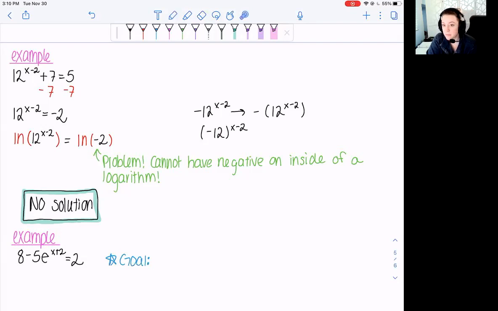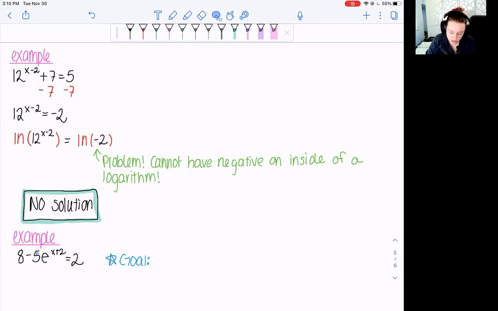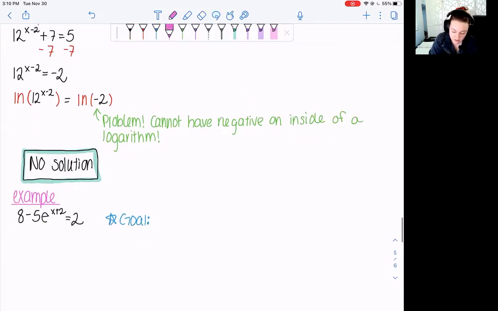You're not going to end up with a problem that does that. Does that make sense? So if you do have a negative out front, it's not actually attached to the base. That's actually an excellent question, and I kind of wish I had just made that a minus e to the x plus 2 now. Too late to change my mind. But excellent question. So I'll just leave that there, just in case you want to look at it.